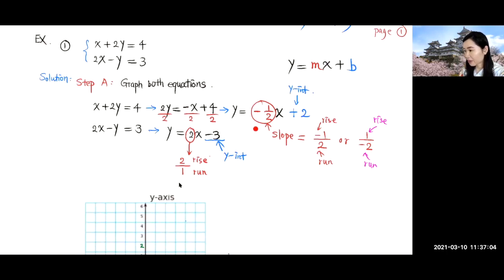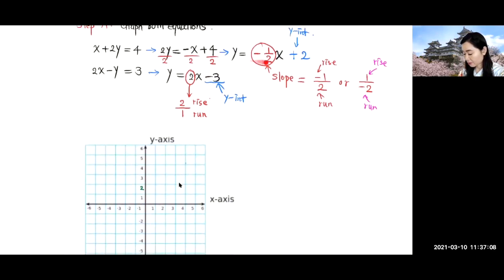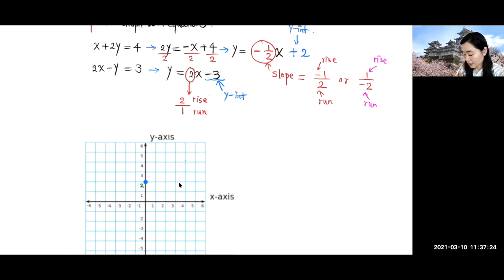Now I'm ready to graph both of them. Let's graph the first one. The y-intercept is positive 2, so on the y-axis we locate 2, which is this point right there. Then use the slope, negative 1 over 2.